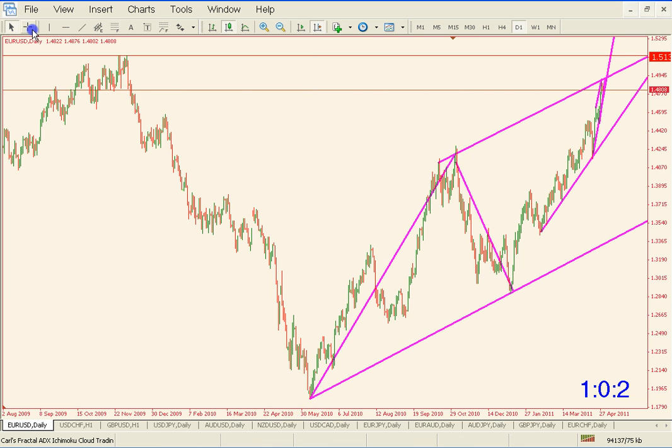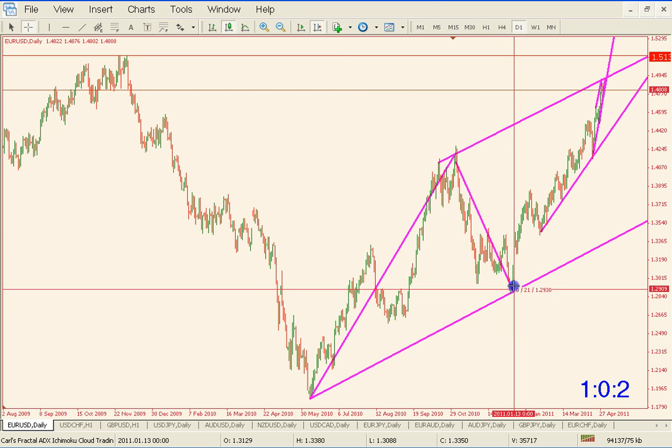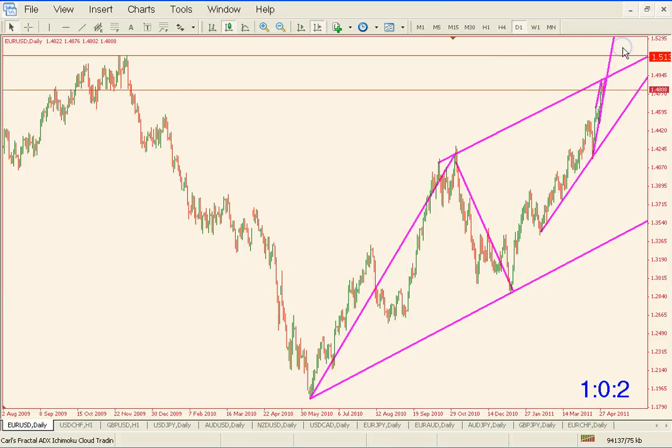So my C to D for 2300 would take me roughly right here, a little bit over that resistance line that I have drawn in. So I'm looking at that as a major area of concern for the Euro USD. Here it could bounce off of this level and fall back down, and how far we'll have to see.